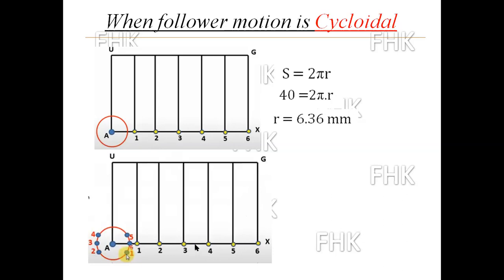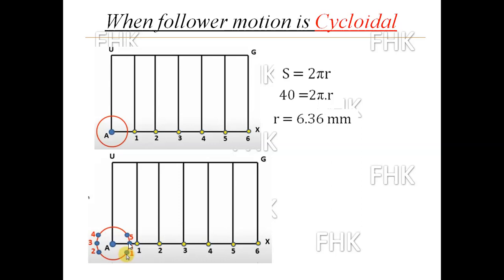Now after drawing the circle here, the next step is to divide that circle into as many parts as you divide the linear displacement. If you divide that line into 6 equal parts, you divide the circle into 6 equal parts. If you divide that line into 8 equal parts, divide that circle into 8 equal parts. Here I will divide it into 6 equal parts and give the numbers in the clockwise direction.